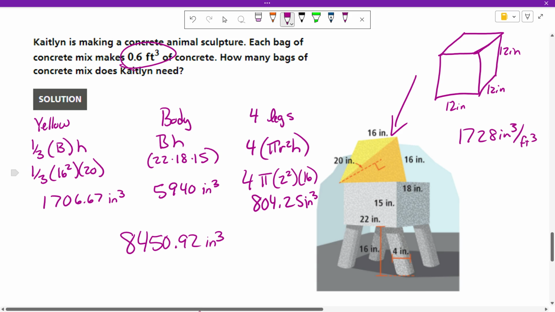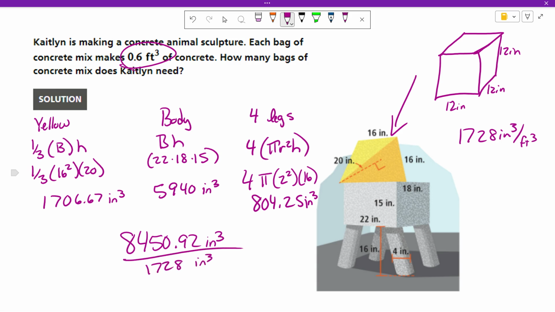Okay? So we have to change this into cubic feet. So we're going to divide this by 1728 cubic inches per cubic foot.